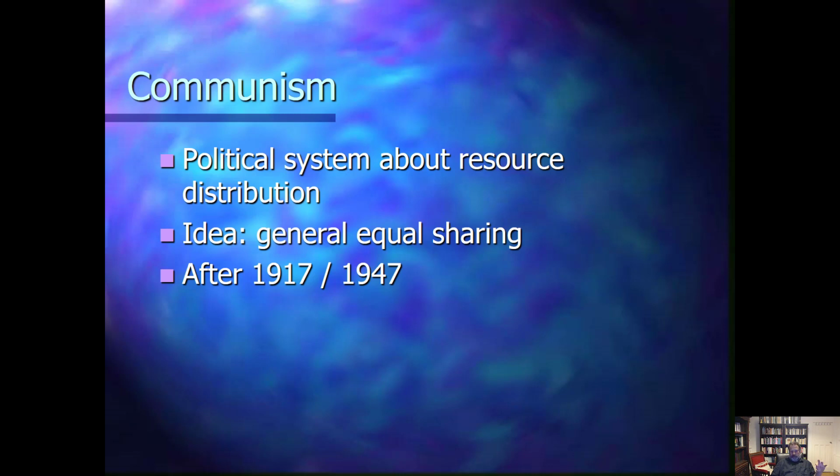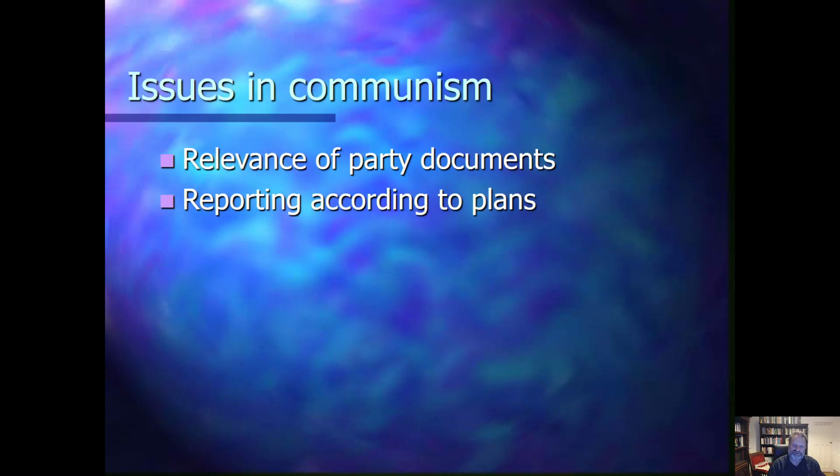Now, the core idea of the communist political and economic system is the equal sharing of economic resources. So the political system is focused on resource distribution, and in particular in communism, the idea is that it is somehow possible to provide equal sharing of the resources where all needs are met at the level of those needs.